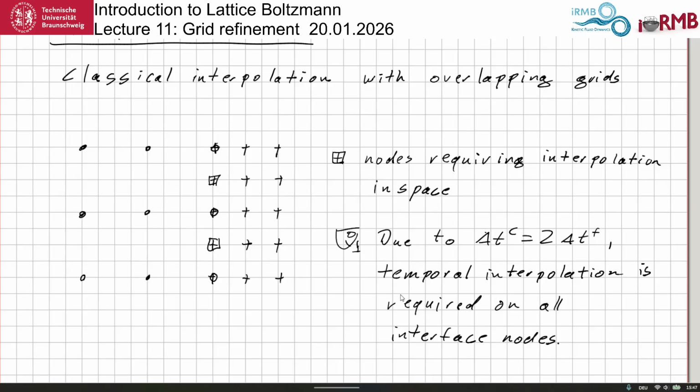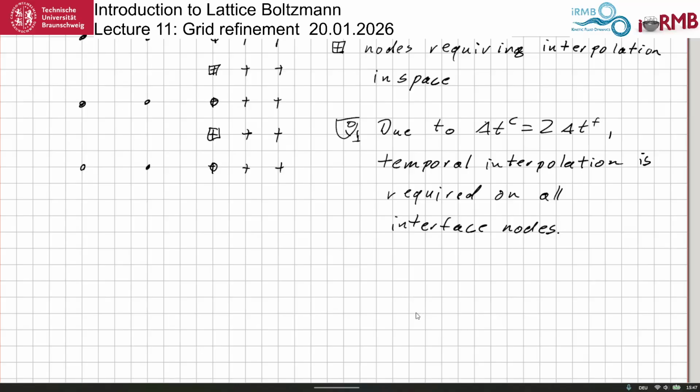And now we have to do the data transfer between the resolutions.